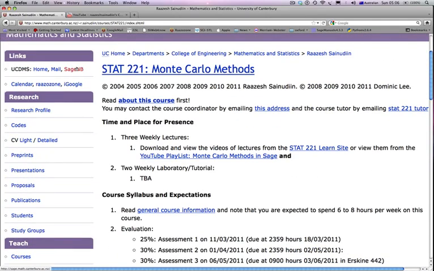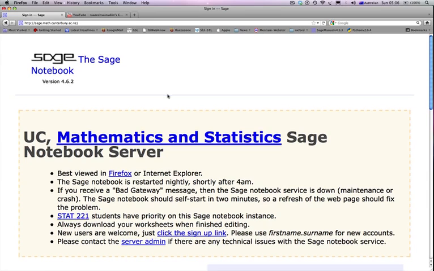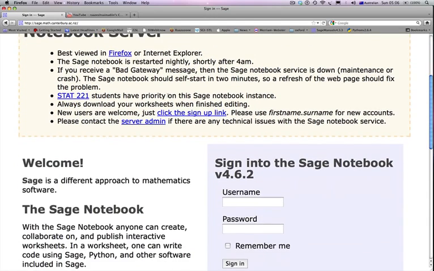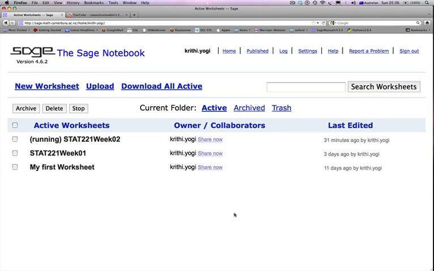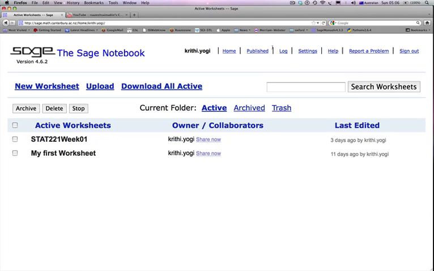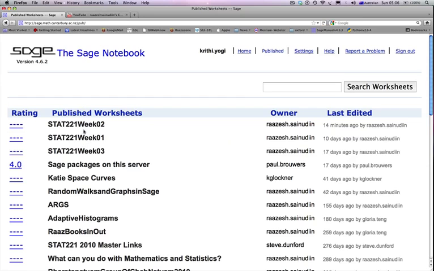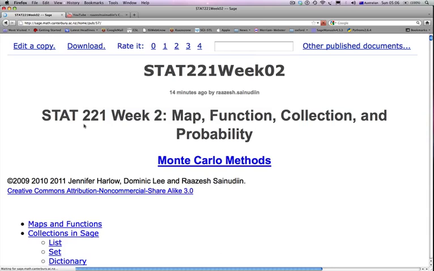So go to the Sage server, the Maths and Stats Sage server at the University of Canterbury. Log in. Once you've signed in, you can grab a fresh copy by going to the published worksheets and grabbing Stat 221 Week 02 worksheet.